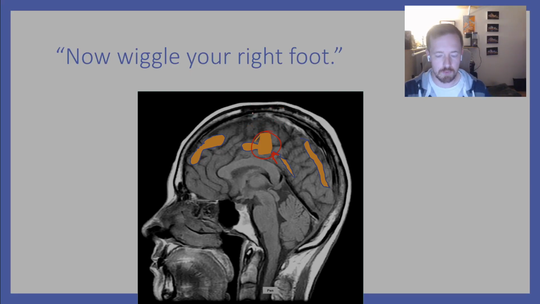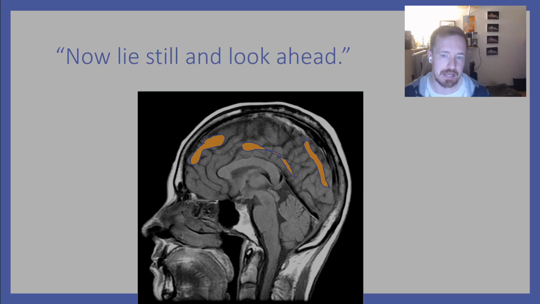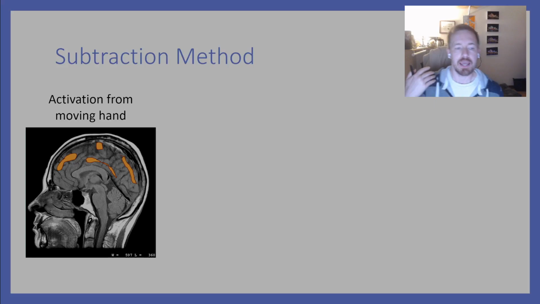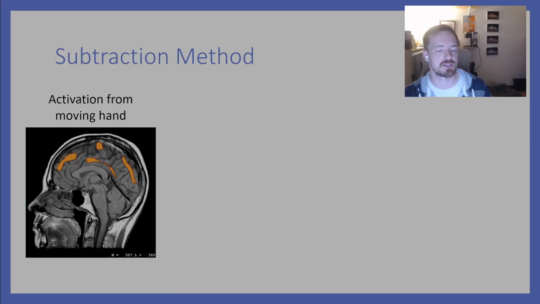So then we would probably ask them to lie still and look ahead again. Okay, that area went away, which is good. We would expect that. And then, just to be sure of ourselves, we'd probably want to ask them to move their right hand one more time to make sure this area lit up and was activated, that it was recruiting more blood than other areas.